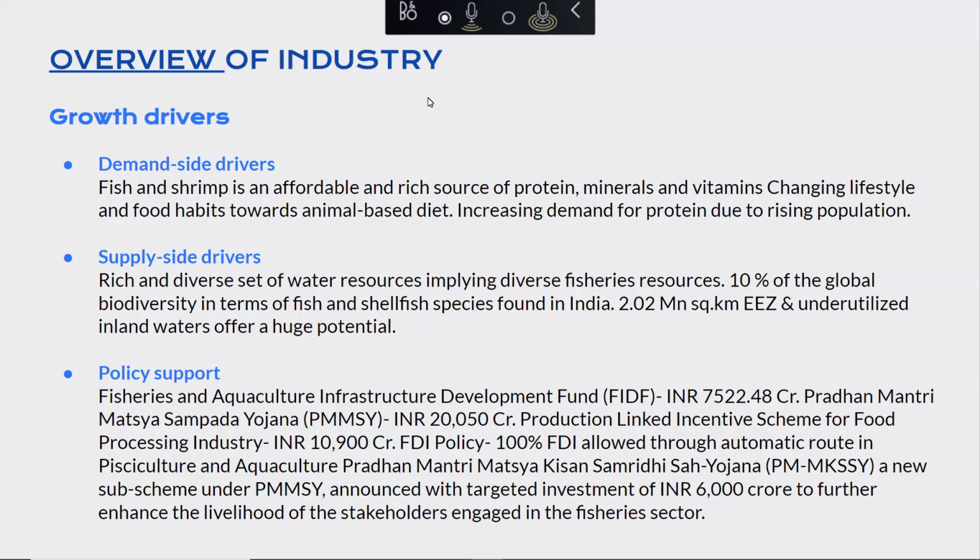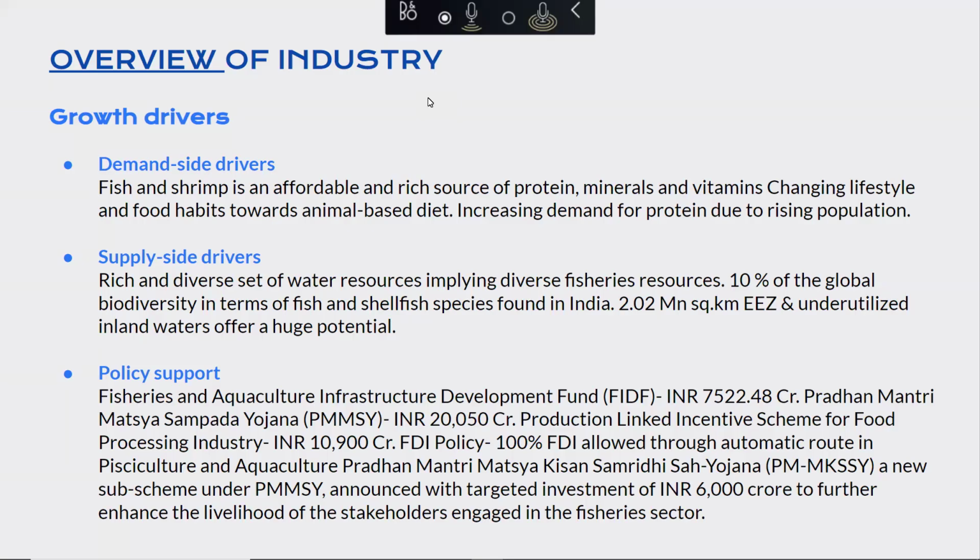It's a huge biodiversity that can be tapped. Indian geography and environment conditions suit a wide variety of seafood, and around 2.2 million square kilometers of land is available in India, which can be completely utilized for inland aquaculture.